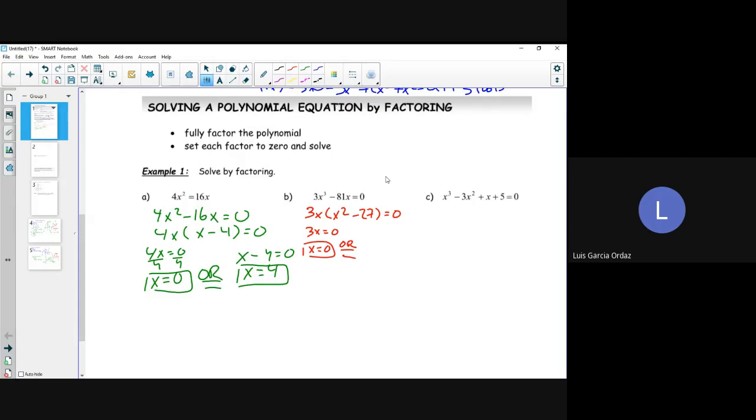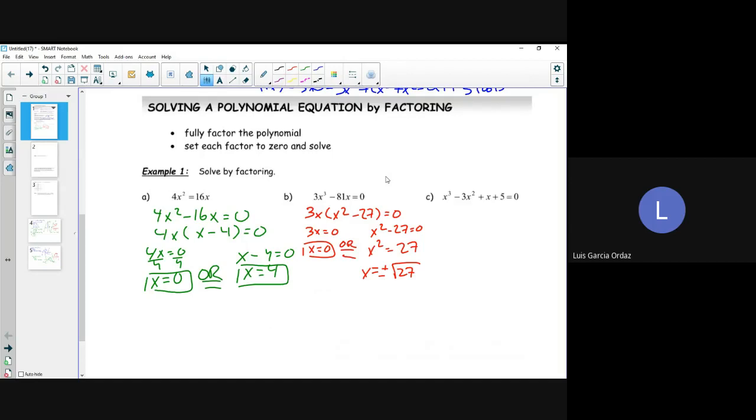We do the same thing we did with this one. We set x squared minus 27 equal to 0. We move the 27 over, then we take the square root, so we get x is equal to plus or minus the square root of 27. If you remember your radicals from last year, how do you simplify that?